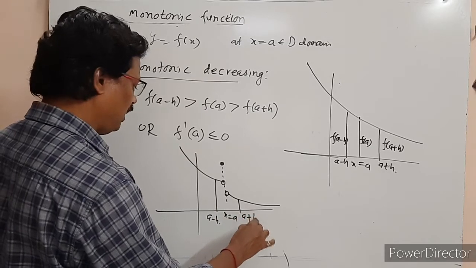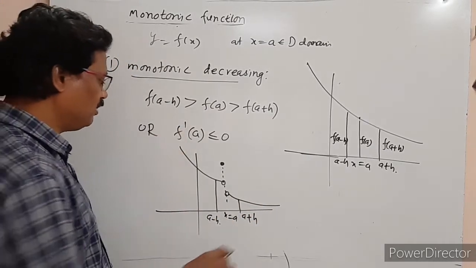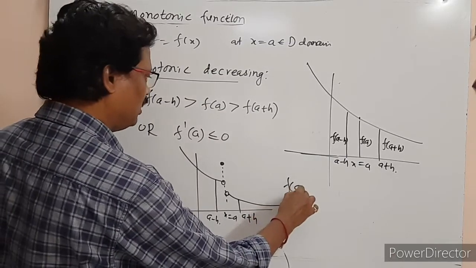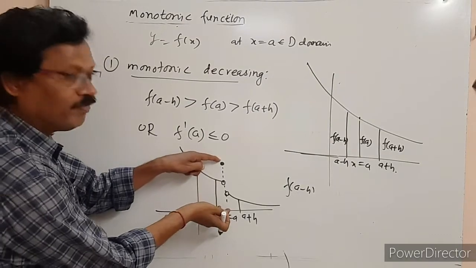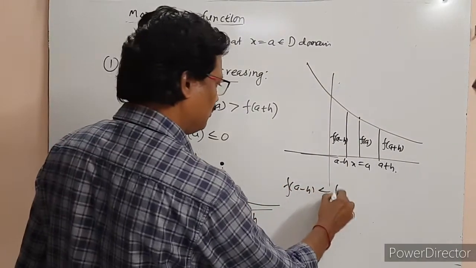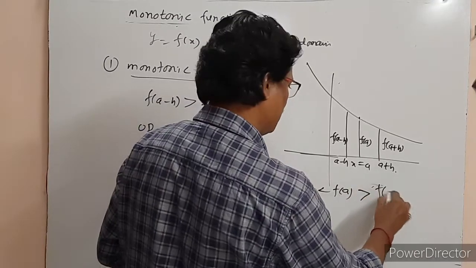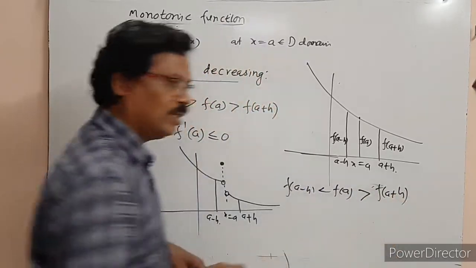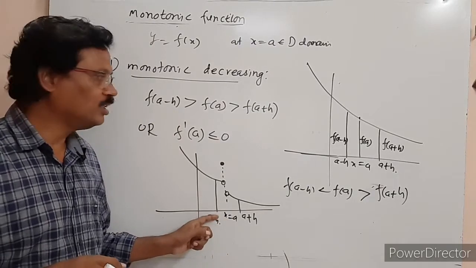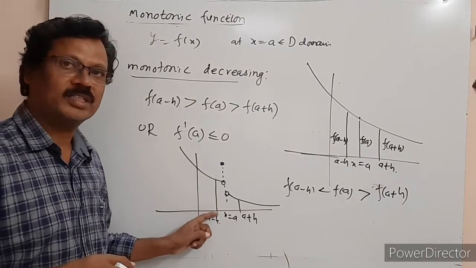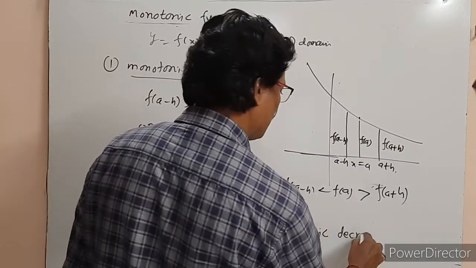Now this condition must be satisfied: f of a minus h is greater than f of a, which is greater than f of a plus h. Therefore this condition is not satisfied here. This is not a monotonically decreasing function.